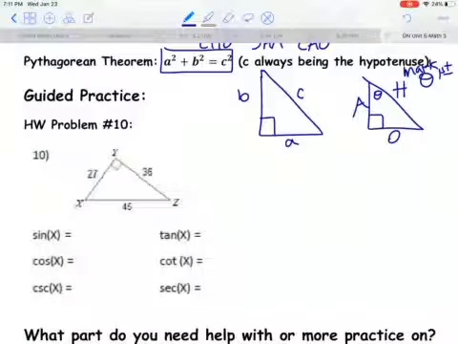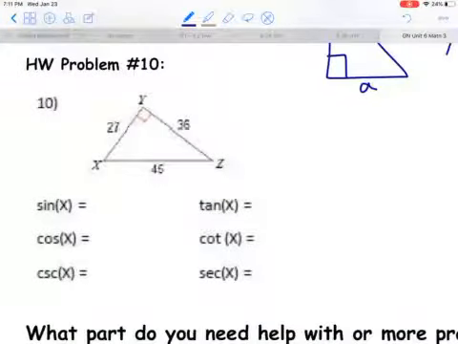So let's try a practice problem. These are all pretty similar, so I only put one practice problem on. So first thing you want to do is figure out, okay, what angle am I looking for? I'm looking for angle X. So at X, I'm going to put a theta. So I know right angle gives me H. Okay?